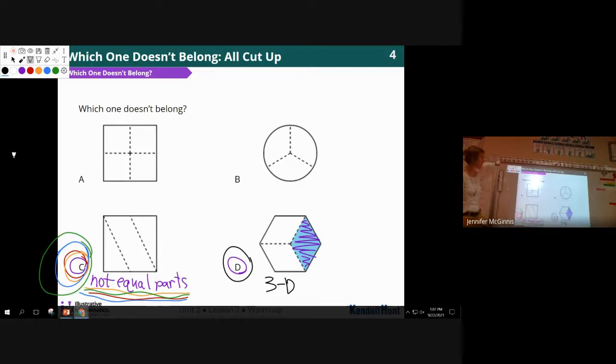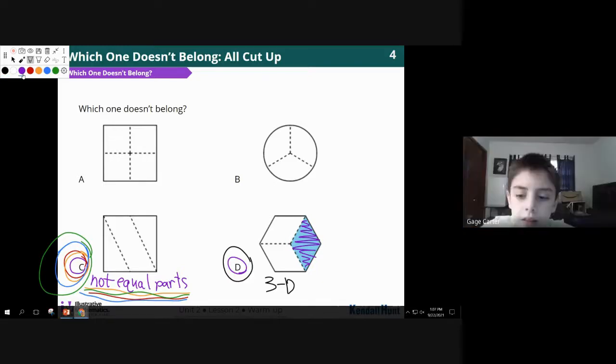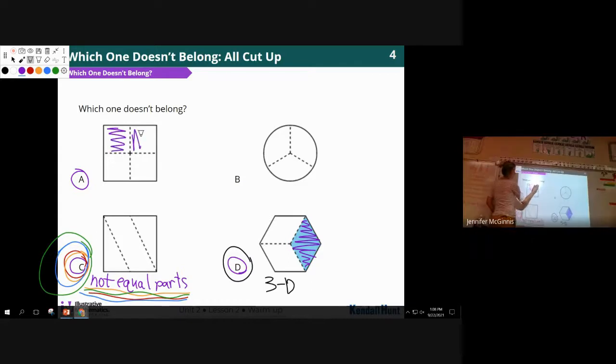Okay, Gage Carter has something interesting to share. Go ahead, Gage. I said A because A has 4 and all the other ones have 3. 1, 2, 3, 4.